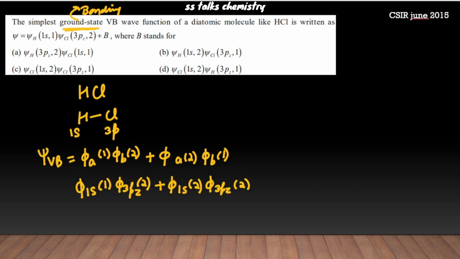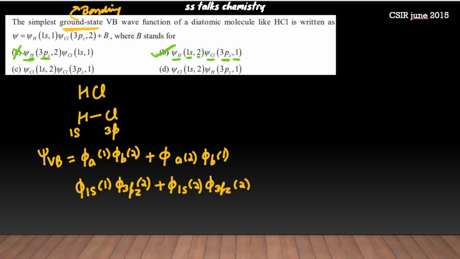Okay, based upon this, if you see the options, the wave function instead of phi they have used psi over here. Just this difference is there. For the hydrogen atom it's 3pz. Is the hydrogen 3pz contributing? It is incorrect. Right. Next, the hydrogen atom's 1s orbital is the one containing the second electron, and the chlorine atom's 3pz containing the first electron.